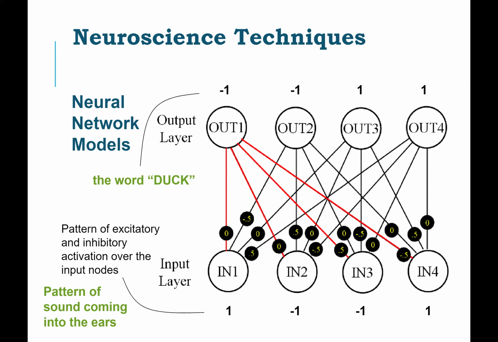Let's look at a positive example. Let's look at output 4. Output 4 gets input from input 1, and the connection is excitatory. And input 1 is firing above baseline.